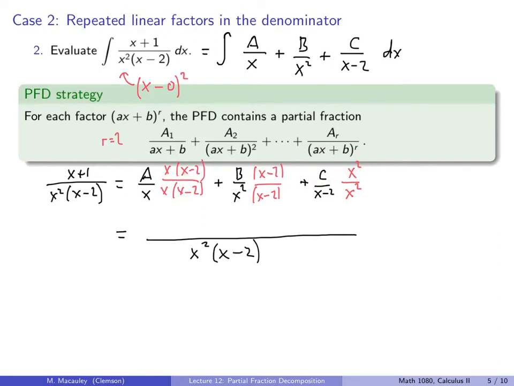So we're going to have an x squared term, an x term, and a constant term. So it's going to be something times x squared plus something times x plus something.